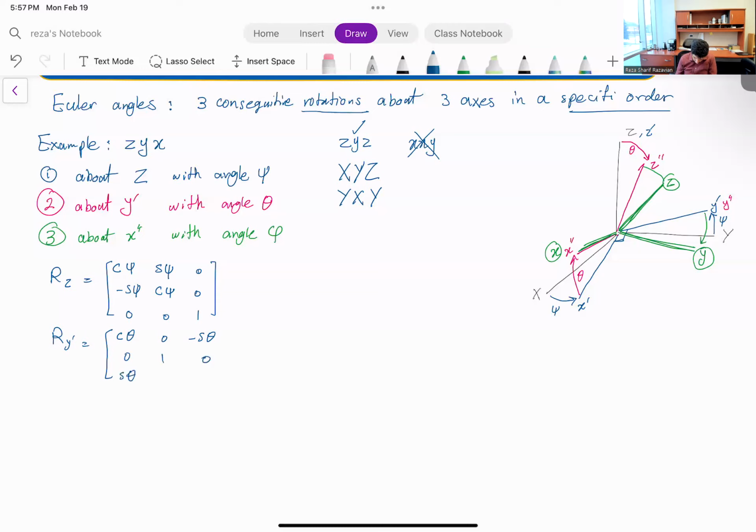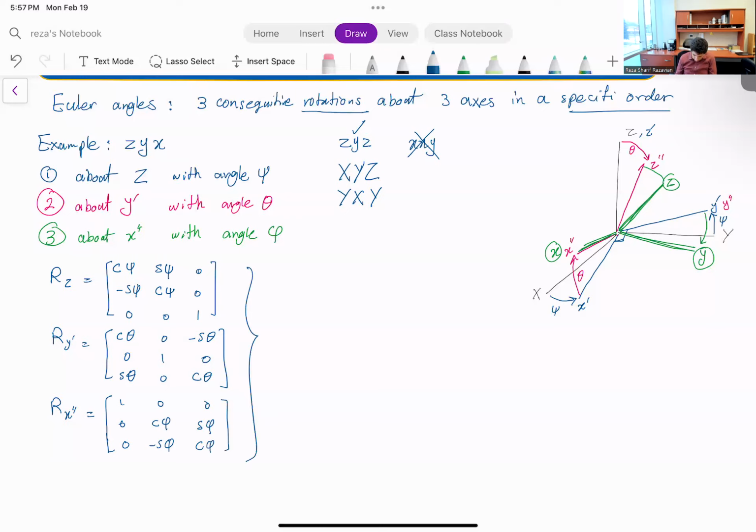Sine of theta, 0, cosine of theta. And rotation about this x double prime is 1, 0, 0, 0, cosine of phi, sine of phi, minus sine of phi, and cosine of phi.